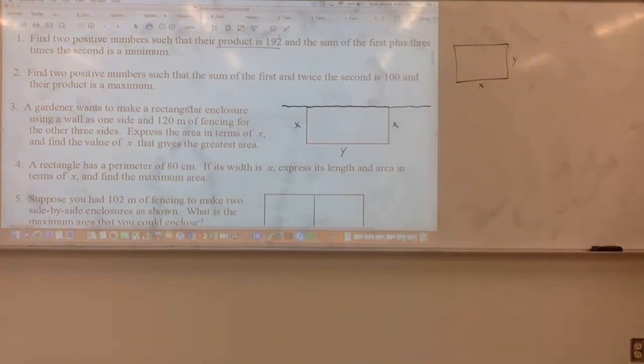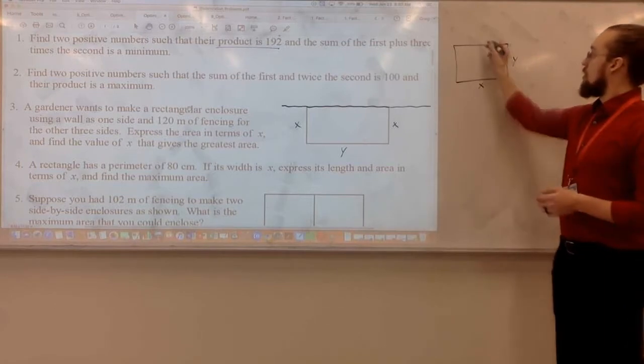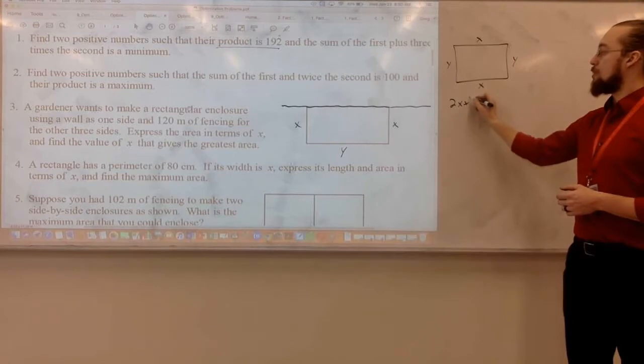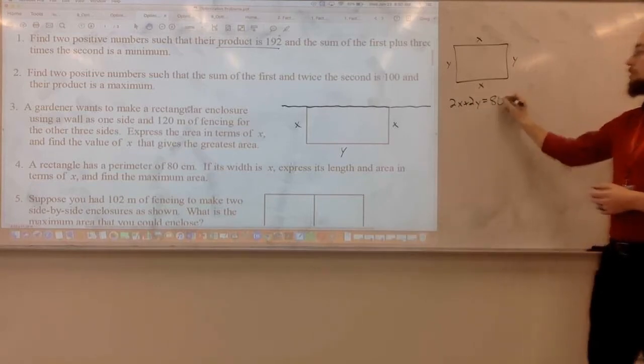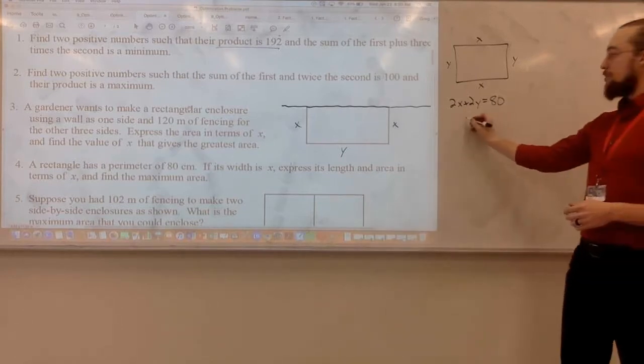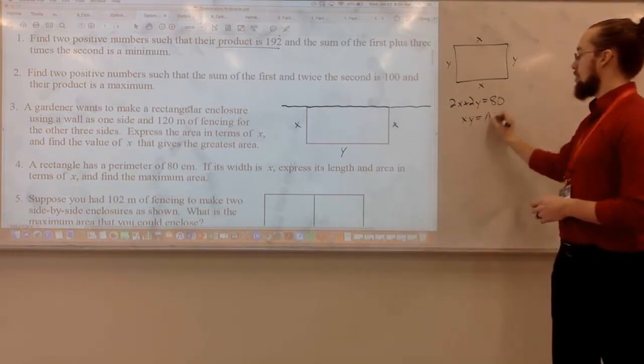Okay. So I can write 2 equations. Right? I can say that my perimeter is going to be 2x plus 2y equals 80. And then I want to maximize area. So area would just be x times y.